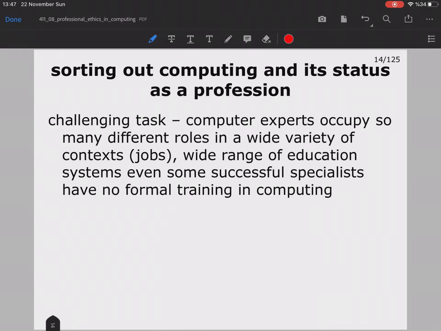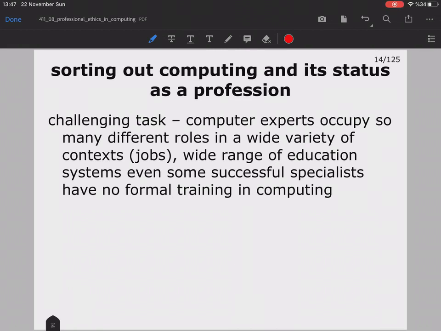Computer engineering, computer science, information engineering, information systems engineering, and so on, maybe 20 different names under departments and in different faculties as well. And even some successful specialists have no formal training in computing at all.